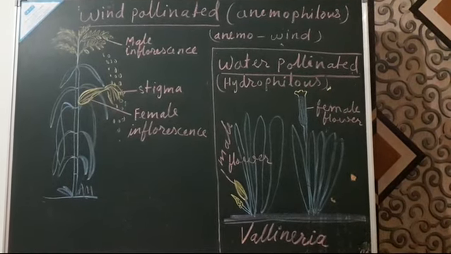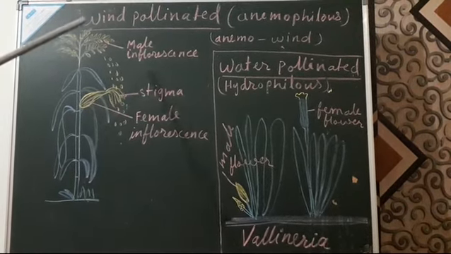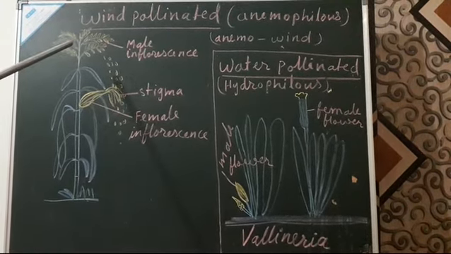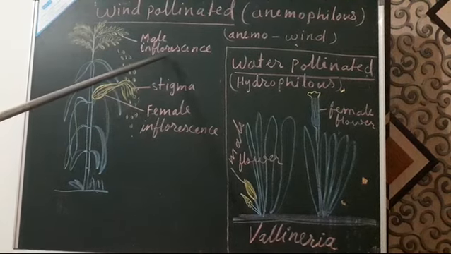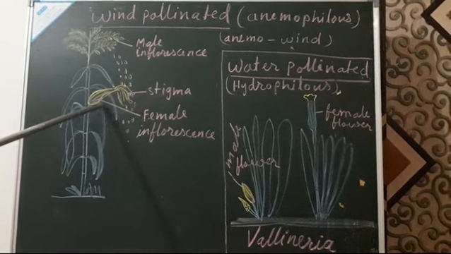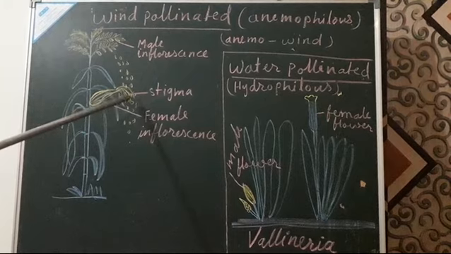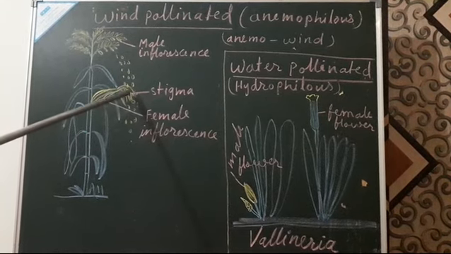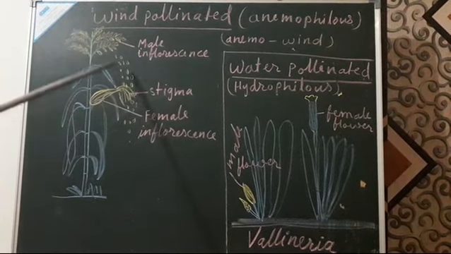So here in the maize plant, you might have seen the plant. On the top you can see the male inflorescence, and this is the female inflorescence. Here the stigma, a thread-like structure, hangs out.